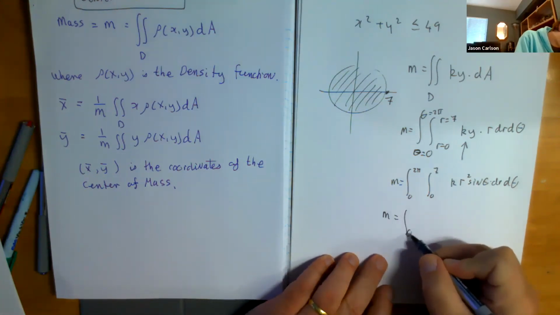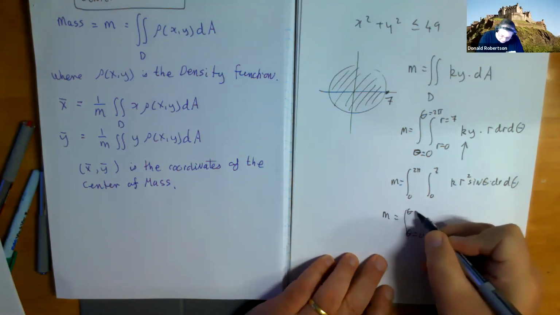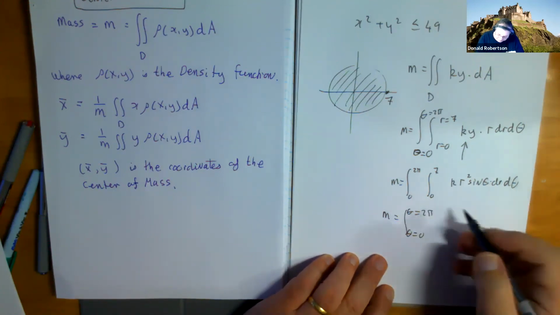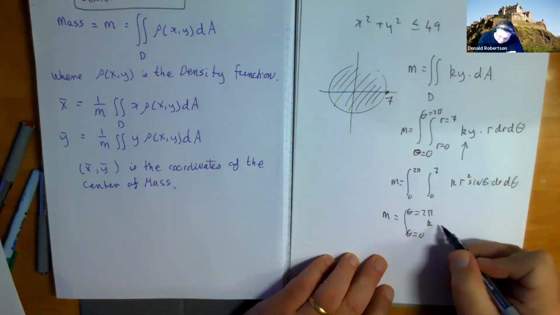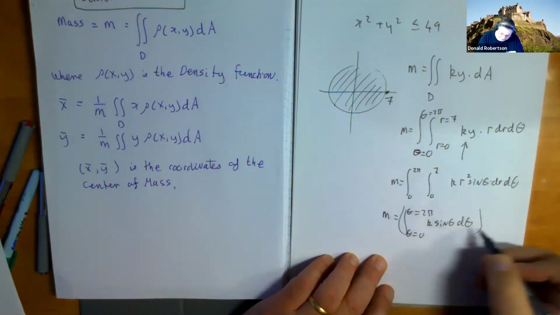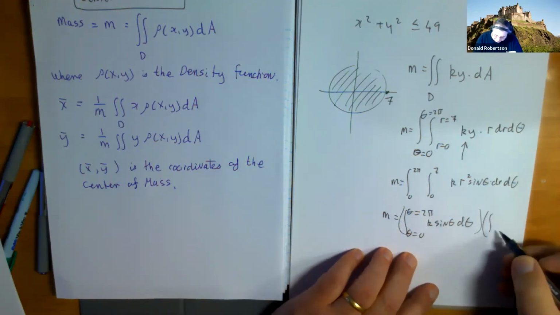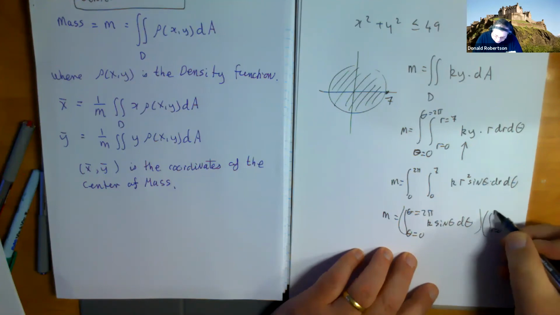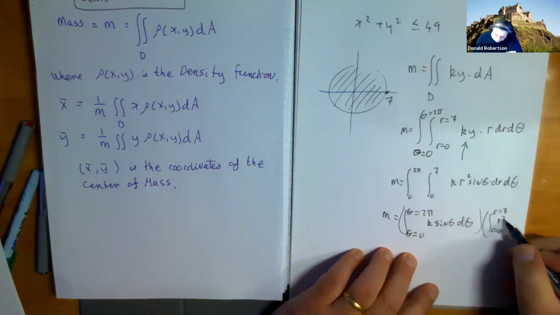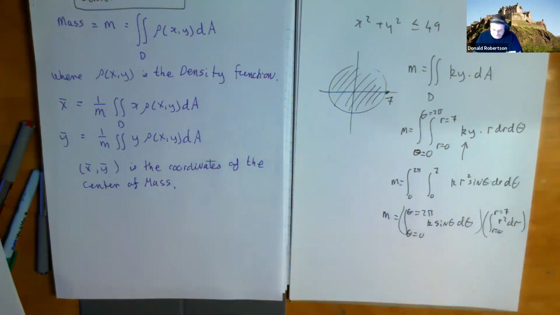So I'm going to go theta equals 0 to 2 pi, and I'm going to give the k the sine theta. And that gives me an r equals 0 to r equals 7 and an r squared dr.